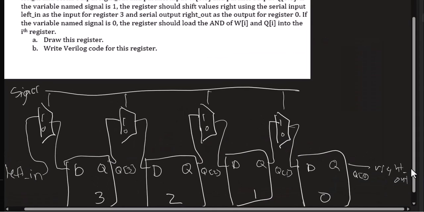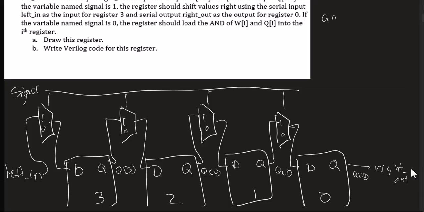Let's just say for i equals 0, it'd be the AND of Q0 and W0. And that is what's going to go into the 0 input of the 0th multiplexer.